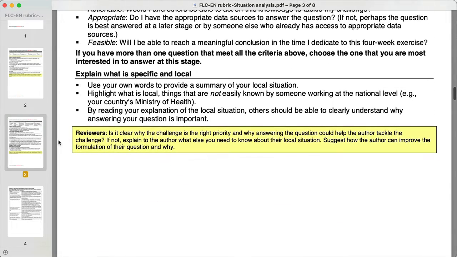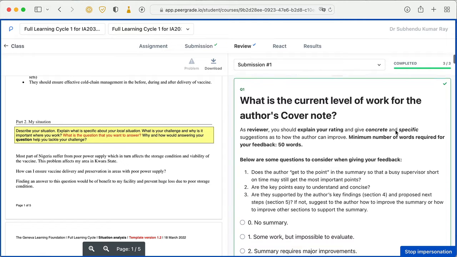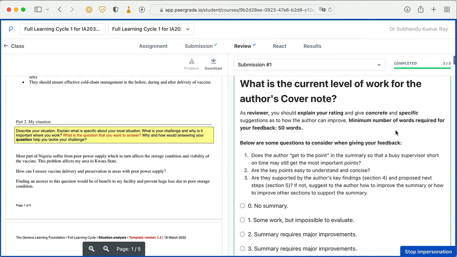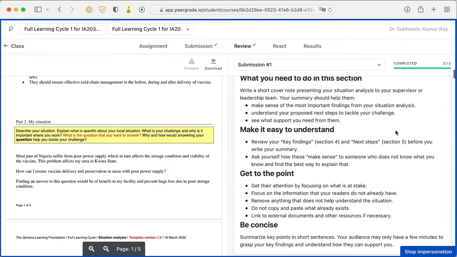And in fact, pay particular attention to the yellow boxes, which contain instructions or guiding questions specific for the reviewers. Now, this same information is here. So if you have a good internet connection, you can just refer to the rubric here.